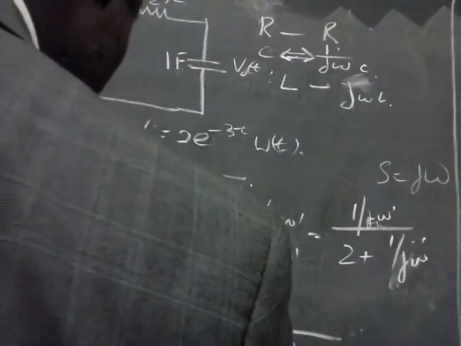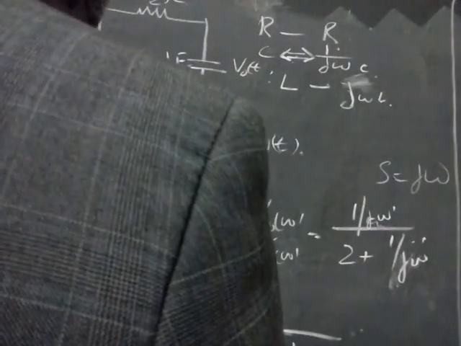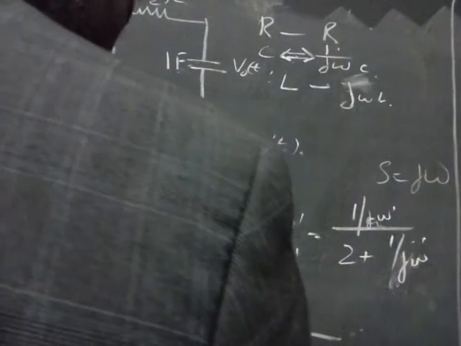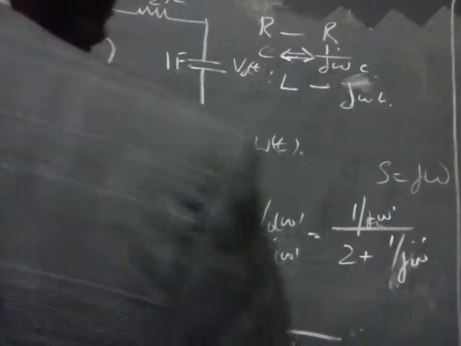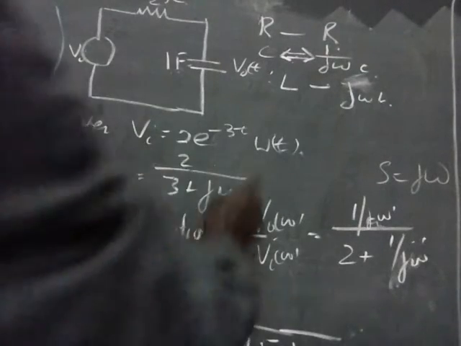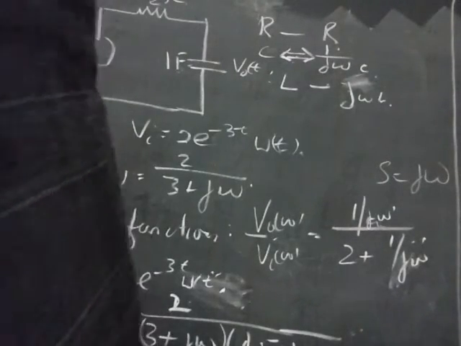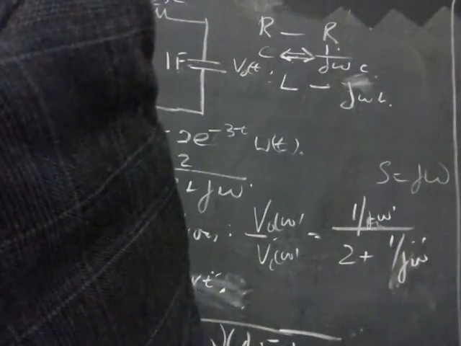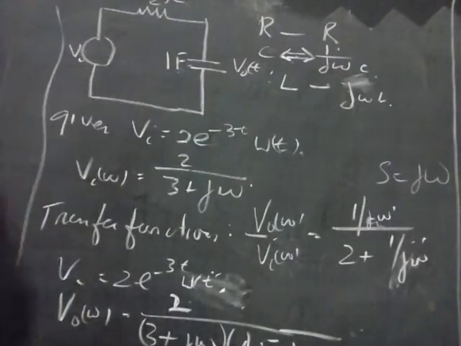We get first the 2 over 3 plus j omega, times j omega over 0.5 plus j omega. Well, this is the 2 plus 3 over j omega, and 1 over 0.5 plus j omega.